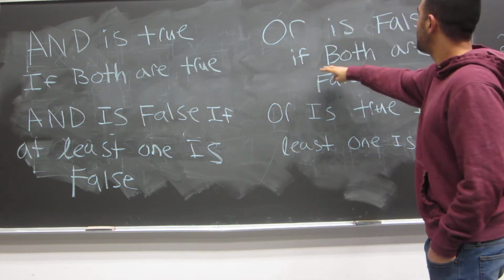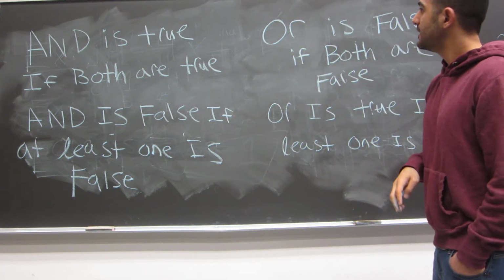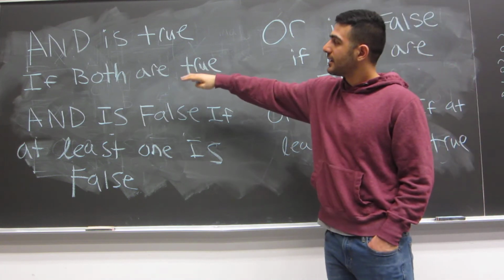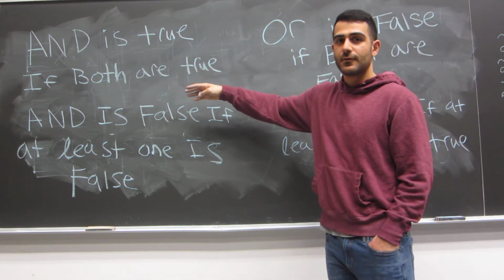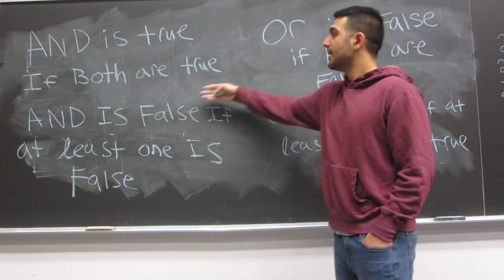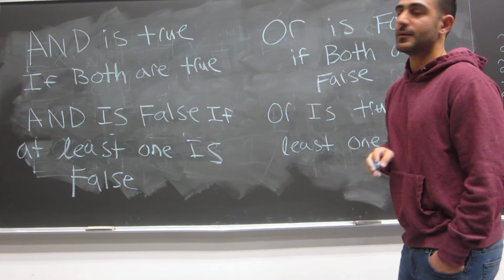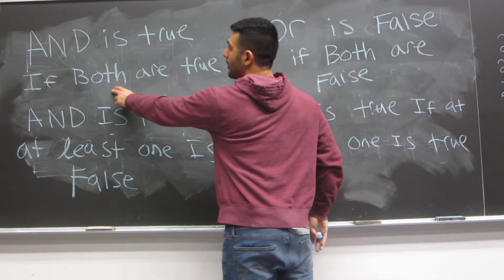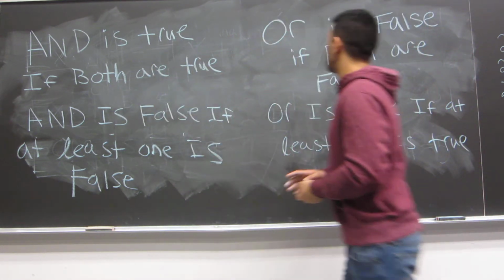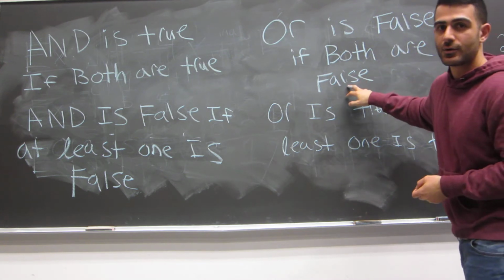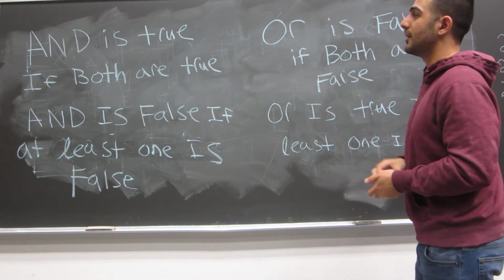OR is false if both are false. So what makes an AND true, both parts being true, is what makes an OR false, if both parts are false. For an AND statement, if both are true, then the AND statement is true. If both are false for an OR statement, then the OR is false.